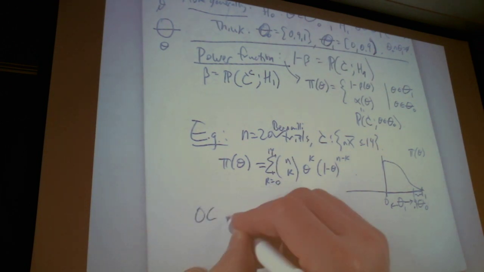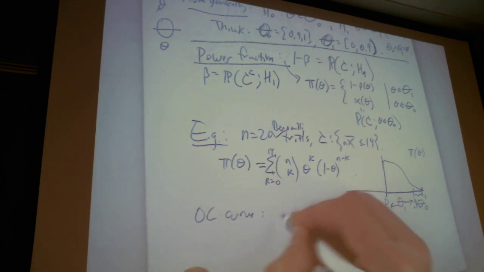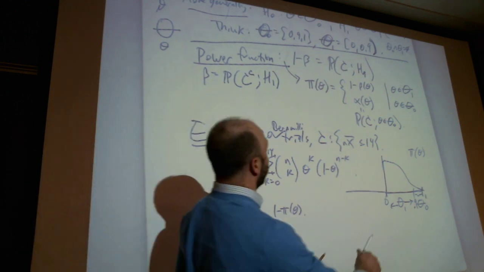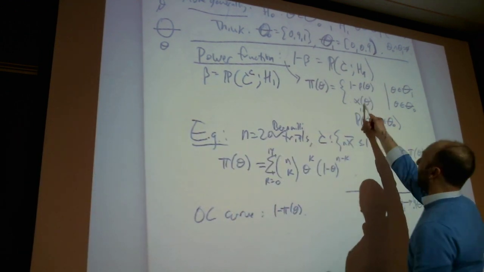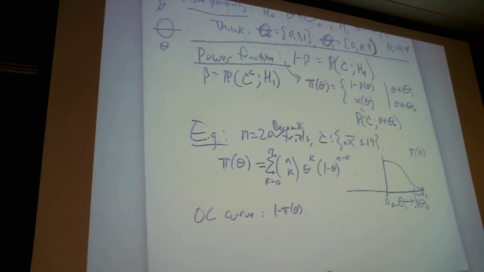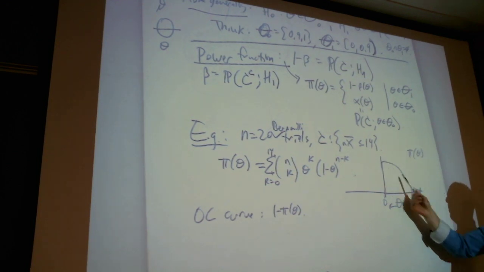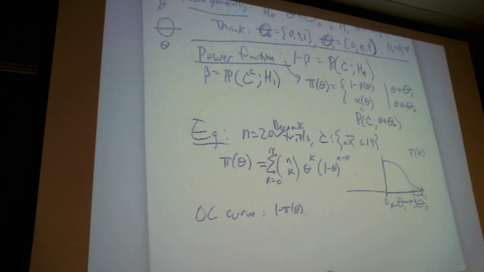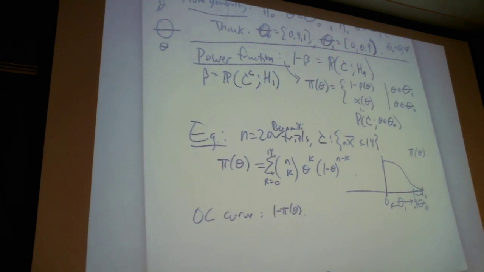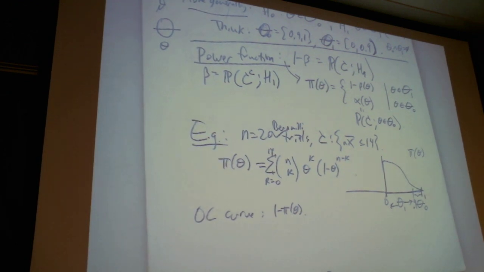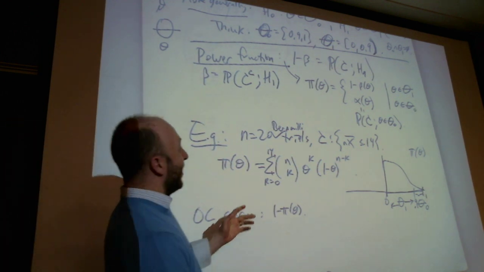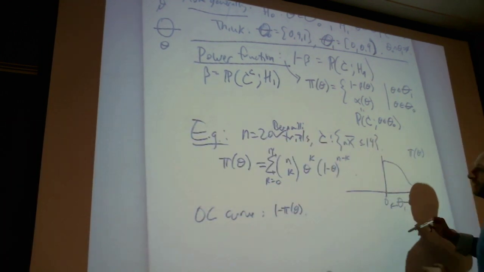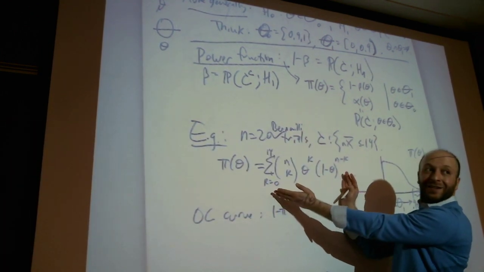So the OC curve is 1 minus pi. Some people make the choice to leave beta alone, and then 1 minus alpha would be in the opposite direction. So that catches when this is small as opposed to when this is small. Yes, Ernest? How is the power function continuous when it switches? Well, the point is, it's the same as a function of theta.